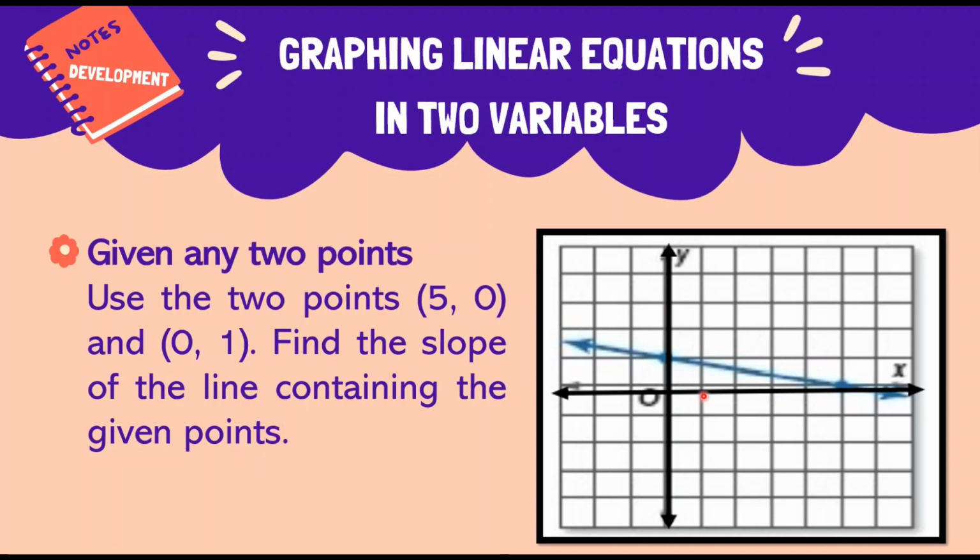As you can see on page 24 of your learning module, it is already graphed on the Cartesian coordinate plane. In this part, I will discuss to you bakit ba na-graph ito dito sa Cartesian plane, paano siya i-graph? It is just a review on what we have discussed on our previous lesson.